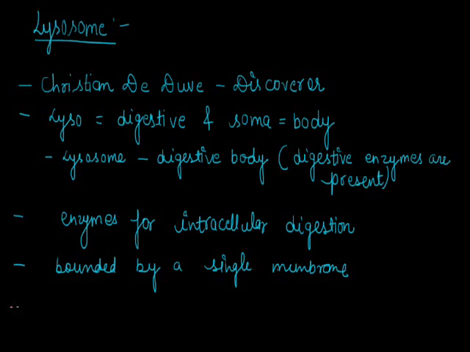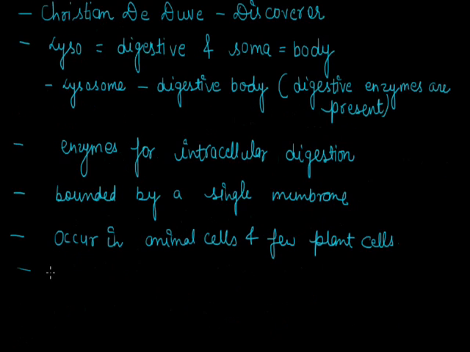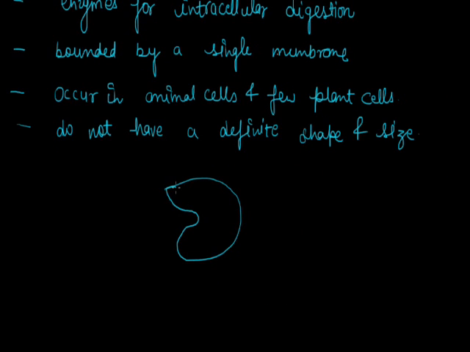They occur in animal cells and a few plant cells. They do not have a definite shape or size. They contain hydrolyzing enzymes called acid hydrolases.